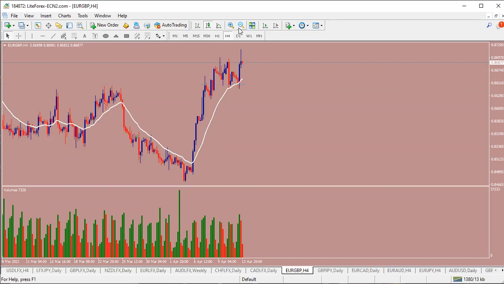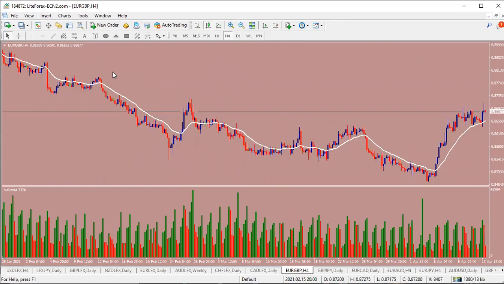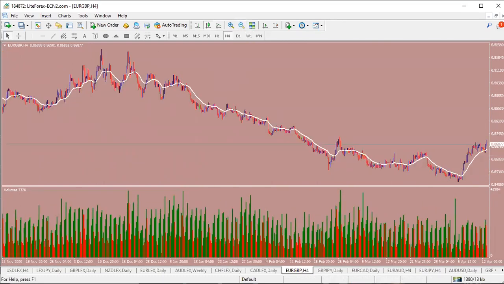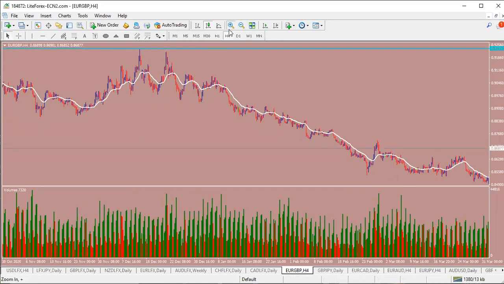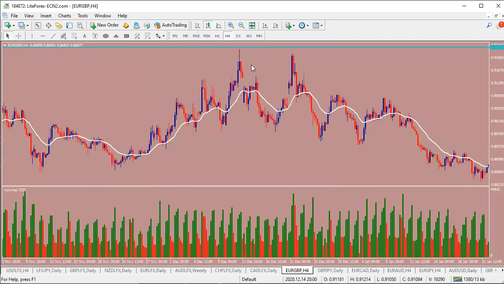Now, looking at this particular place right now, the important chart pattern that is likely to occur is the double top. I can actually pick this one as a double top, this particular place.